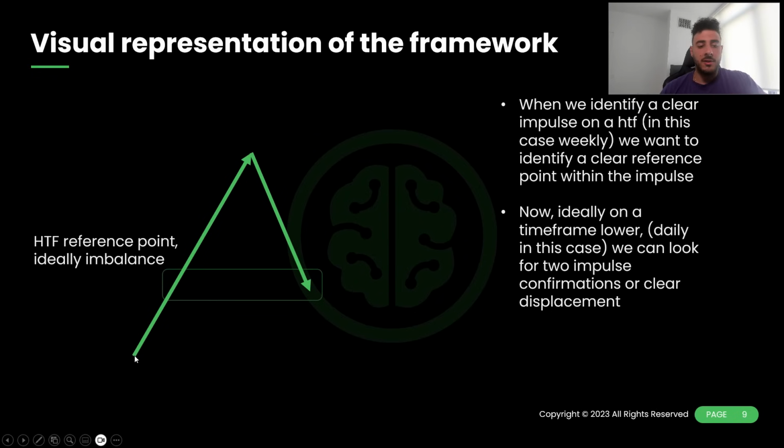Maybe price is creating this impulse off of an imbalance. If this impulse is coming off of a very key level, and we have an imbalance point in here, that is typically what I like to see. My favorite reference points are always going to be imbalances simply because I've personally had the most success when trading these imbalances.